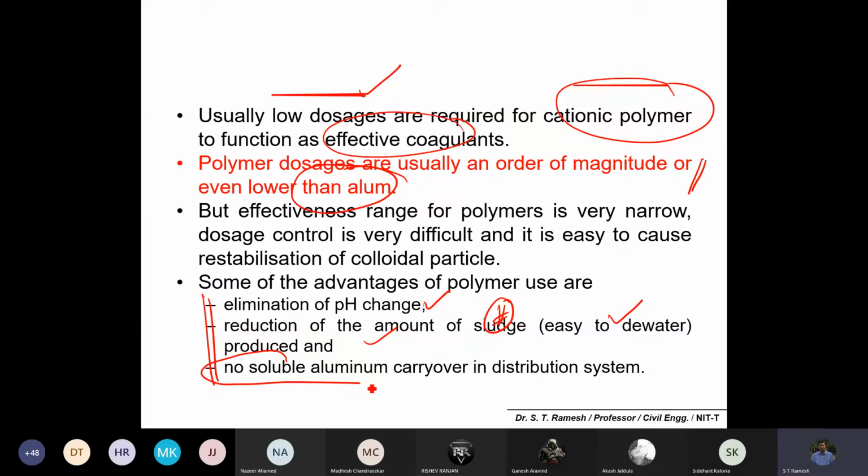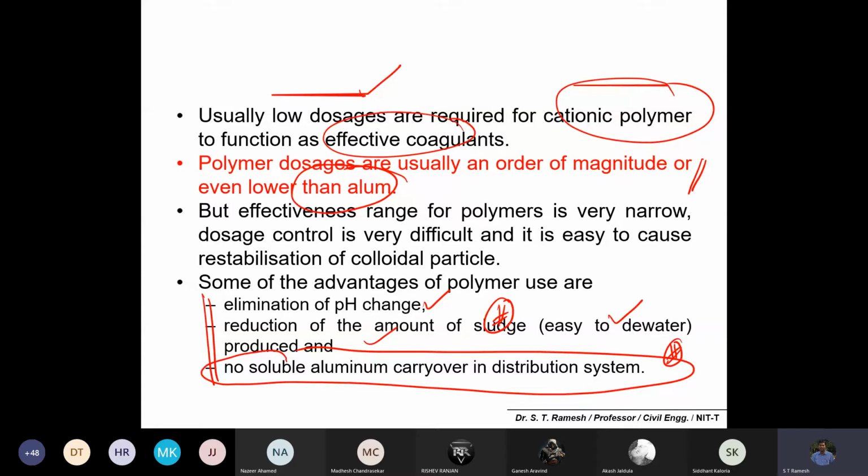A very important point is no soluble aluminum carry over in the distribution system. Imagine you have added alum salt into the water, and by mistake you have calculated in excess. Partially the Al3+ ions will be taken care of by the coagulation activity, but unutilized aluminum will come out along with the treated water without any treatment.